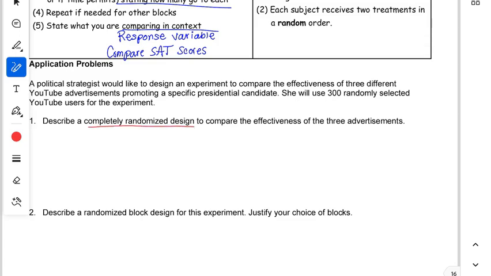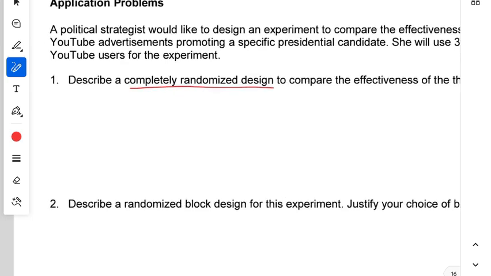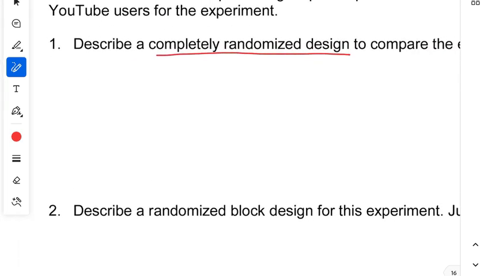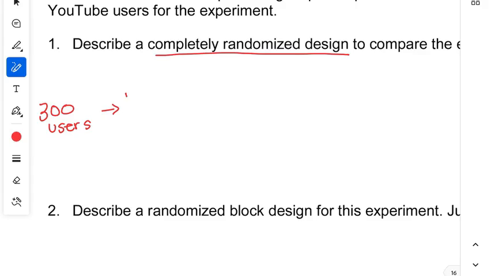Okay, so for our problem, it says describe a completely randomized design for the effectiveness of 3 ads. All right, so what are we starting with? And then what happens? Yep, randomly assign.